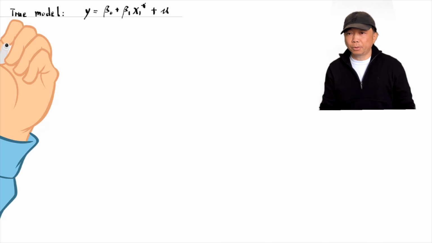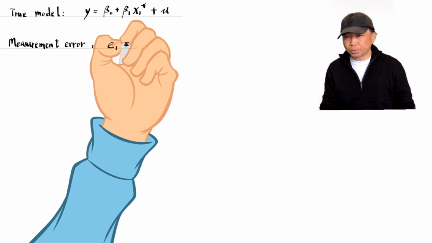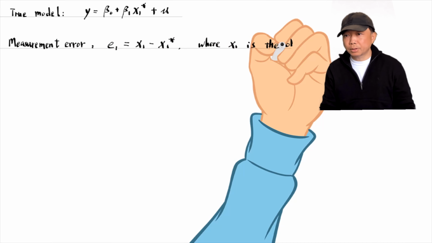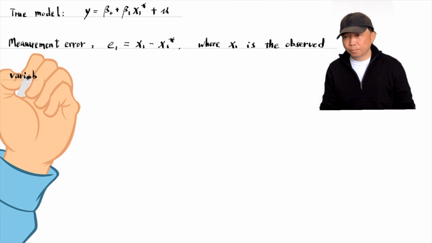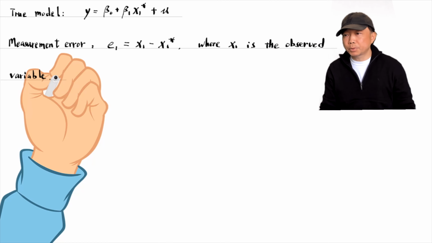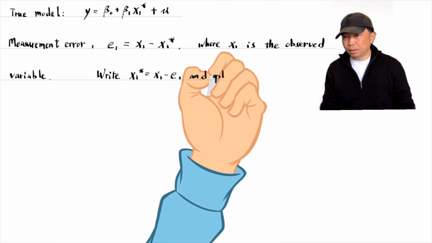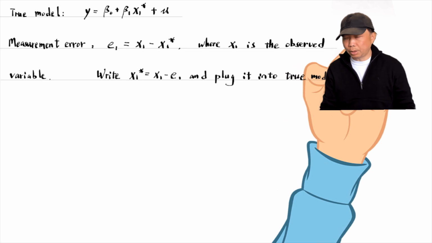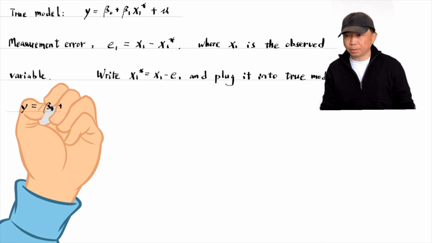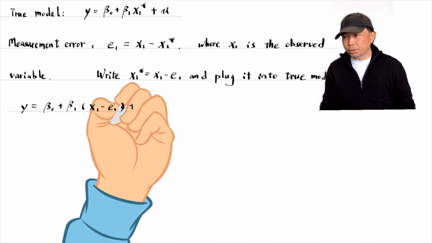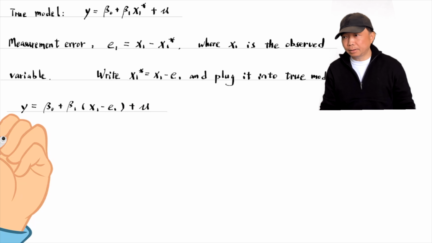The measurement error, E1, equals x1 minus x1 star, where x1 is the observed variable. We plug the expression for x1 star into the true model to obtain the estimated model. It is the model we have data on and estimate.